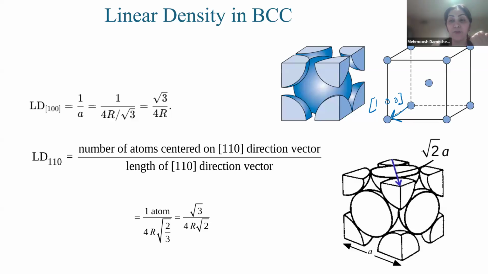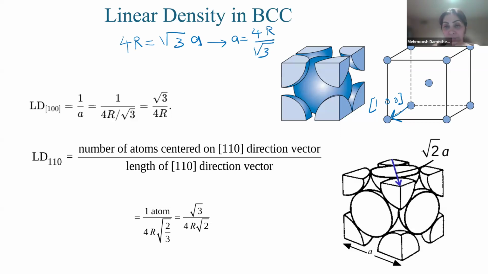Again, if you have watched the previous video, we said the most compact direction is along the diagonals of the cell, that is 4R equals root 3 A, if you remember that. So how much is A? It is 4R per root 3.